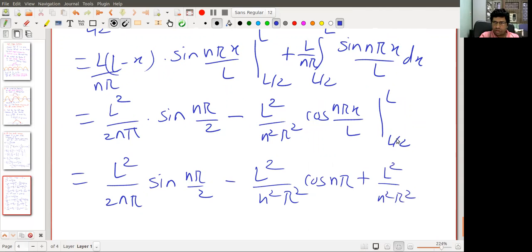Then we put x equal to L by 2, so it is cos n pi by 2. Now cos n pi: if n is 1, cos pi is minus 1. If n is 2, cos 2 pi is 1, and so on. So it is minus 1 plus 2.